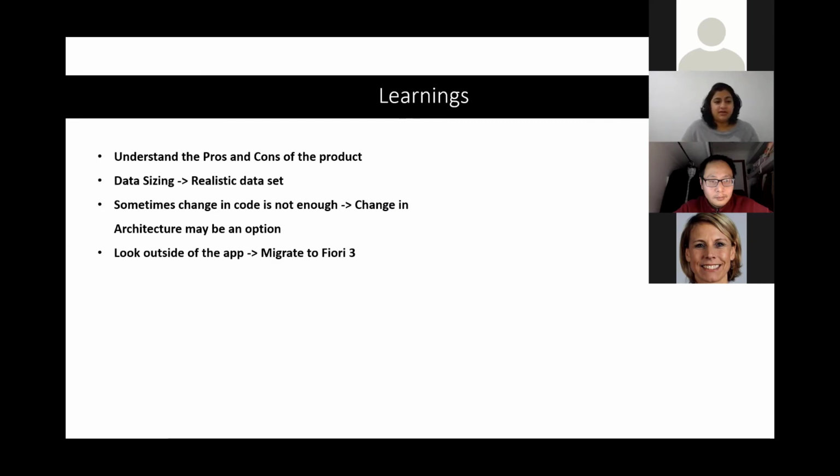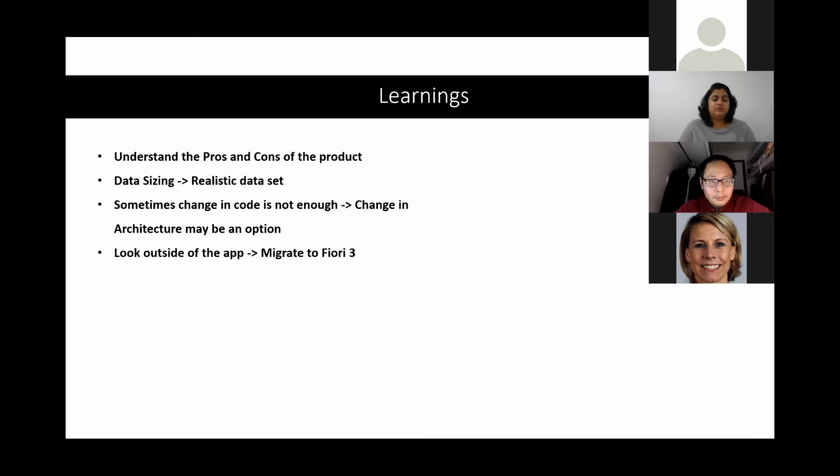Then what was the next learning? We cannot just change the code to make it faster. That at times is the answer, but not always. Not in our case. So we had to look out of the box. We had to change the architecture to get this puzzle solved and get to a really quicker working application.